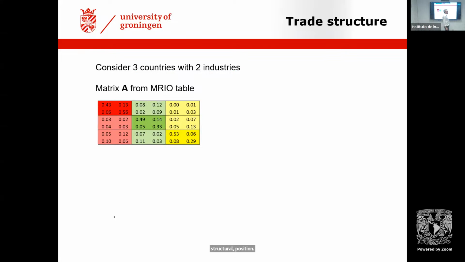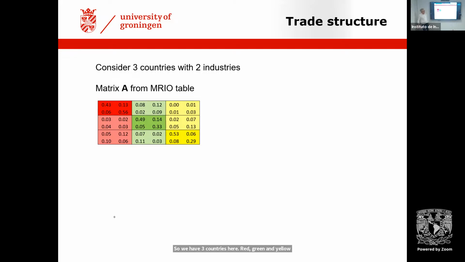Then trade structure. I'll do this also with an example. So we have 3 countries here, red, green, and yellow.